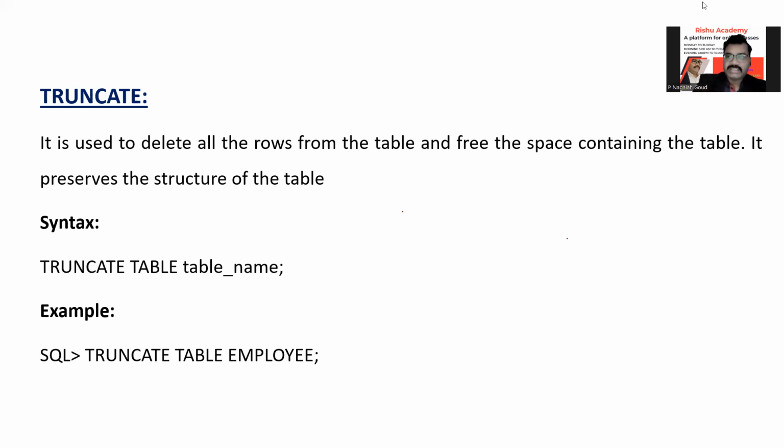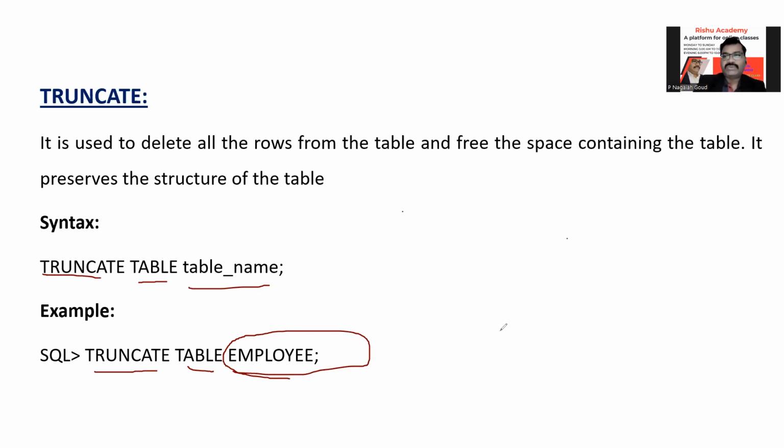So the general syntax is truncate table, table name. Example, I want to truncate the table. The table name is employee. I want to delete all the rows. The point to be noted: you cannot delete one record by using truncate. Truncate allows the user to delete all the rows at a time.